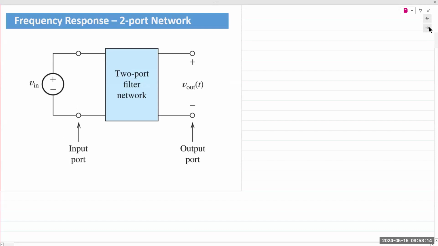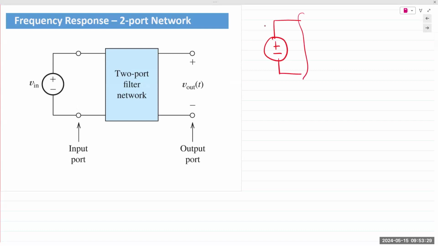So for frequency response, you're going to have to look at circuits a little bit differently. So far, the typical circuit we have looked at is you have a source of some kind, and you have a large circuit comprising of something. You have voltages, currents. You have resistors, inductors, capacitors in the circuit. You maybe have multiple other sources, and then maybe you have a resistor or a capacitor, the inductor at the far end.